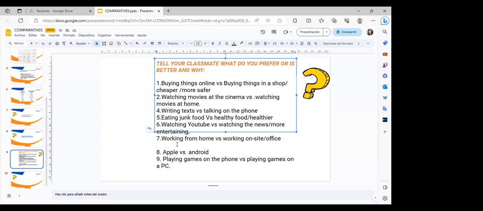Okay, very good. Do you like a more dynamic environment, right? Yeah, that's a good point. I've heard some people that prefer to work on site because of that. So I got you.